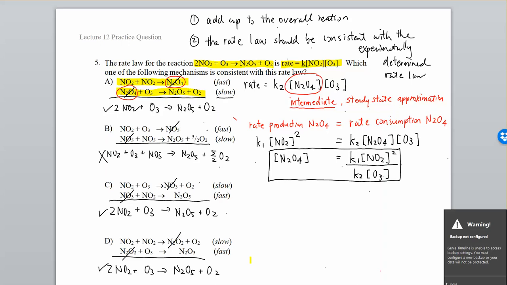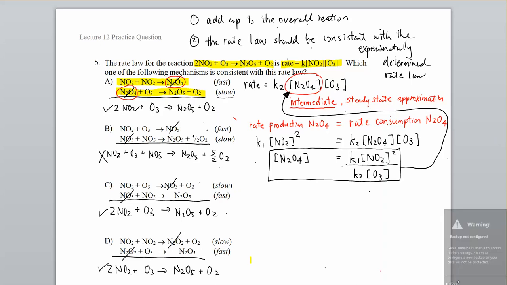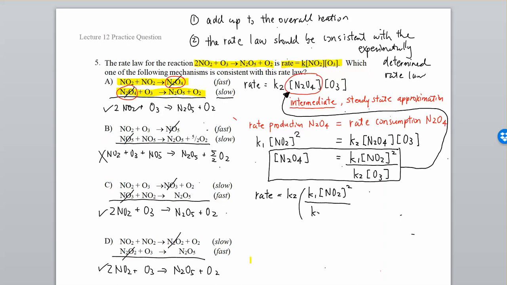So all I have to do right now is substitute this expression back into the original rate law for the reaction mechanism proposed in A. Rate is equal to k2, and instead of writing the concentration of N2O4, I'm going to write this new expression, k1 times NO2 squared divided by k2 times O3, and then multiply by O3.